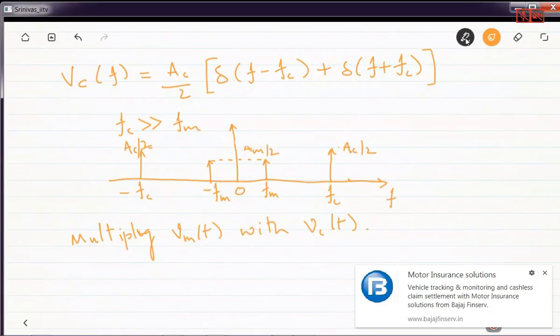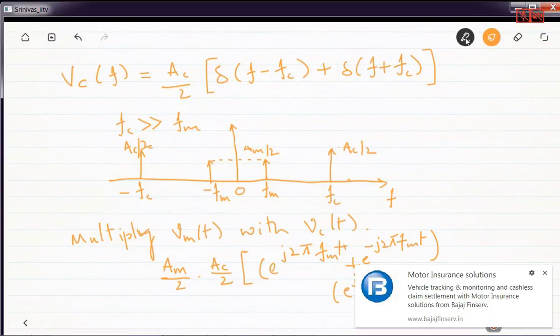Am by 2, Ac by 2, and then we are multiplying e power j 2 pi fmt plus e power minus j 2 pi fmt with e power j 2 pi fct plus e power minus j 2 pi fct.